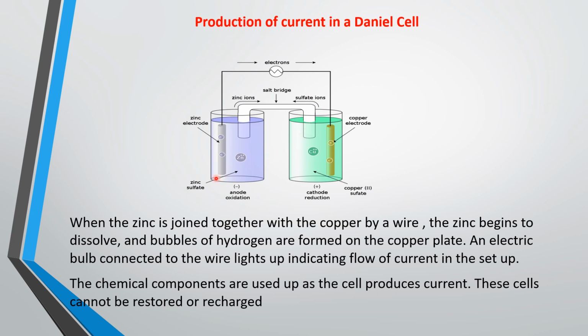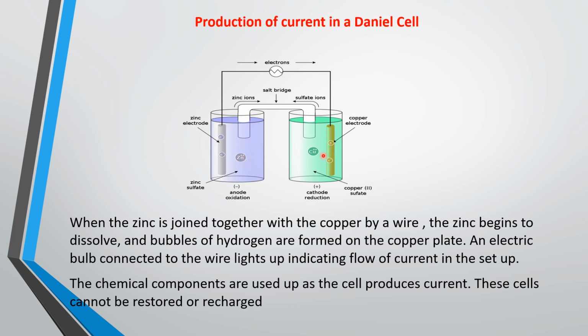Okay, so when the zinc is joined to the copper by wire, just like the way it is in this setup, the zinc will begin to dissolve and bubbles of hydrogen are formed on the copper plate.